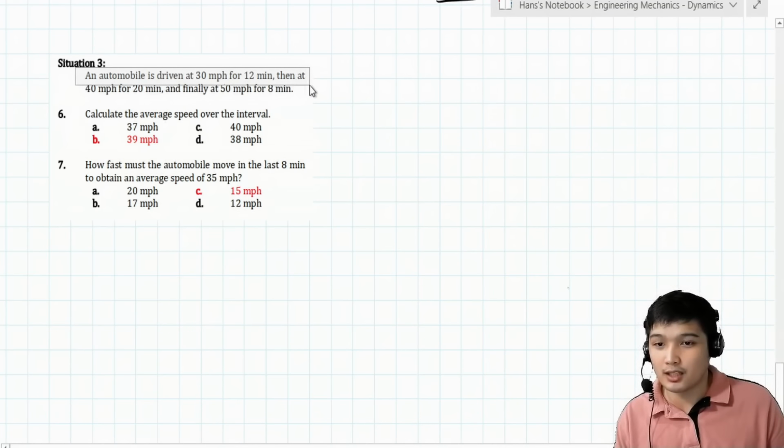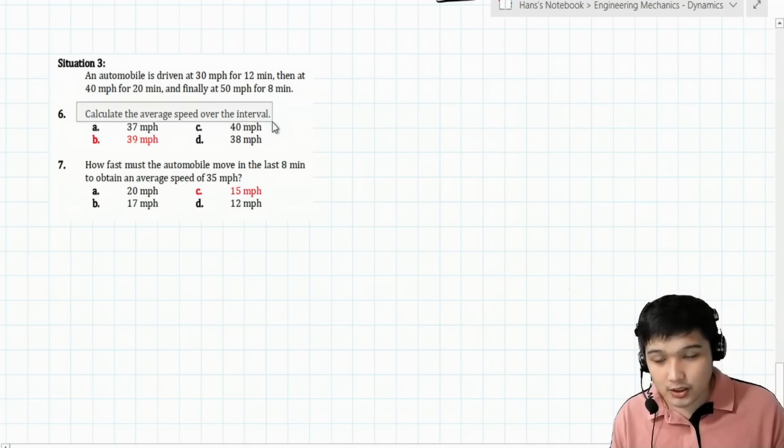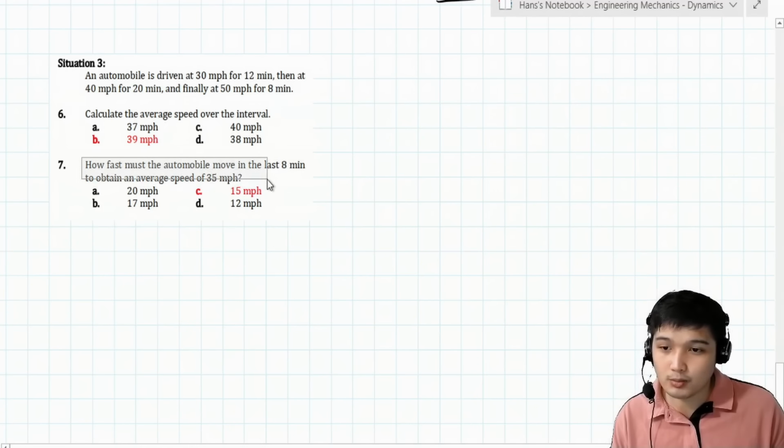It does not undergo acceleration. What is asked here is to calculate the average speed over the interval. And the next one is how fast must the automobile move in the last 8 minutes to obtain an average speed of 35 miles per hour.